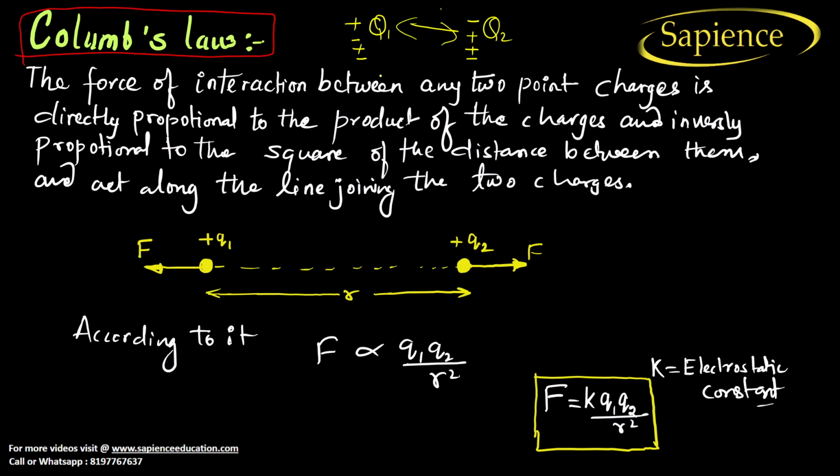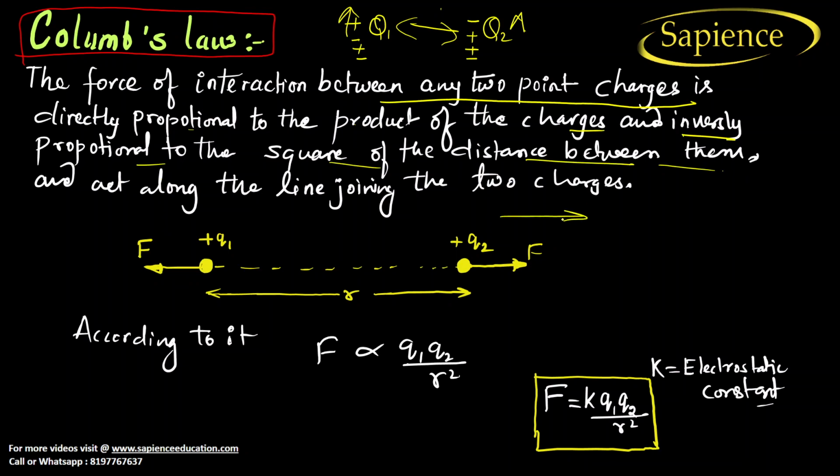The force of interaction between any 2 point charges is directly proportional to the product of the charges. It means that the more charge there is, the more force there will be, and inversely proportional to the square of the distance between them.